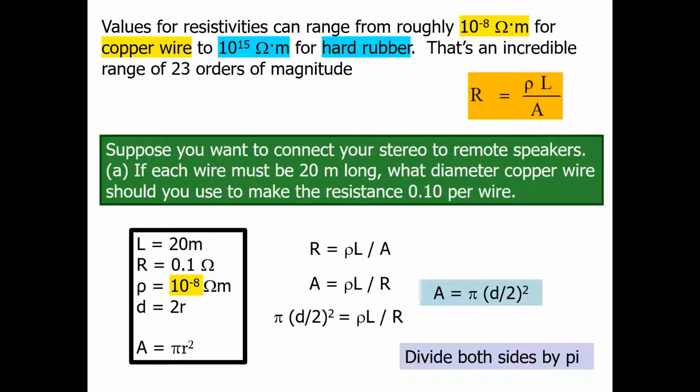Put that in terms of r. So D is 2r, so D divided by 2 is r, and then put that into the equation. So now pi brackets d over 2 all squared, because d over 2 is r, is equal to rho L over R. Now you divide both sides by pi.